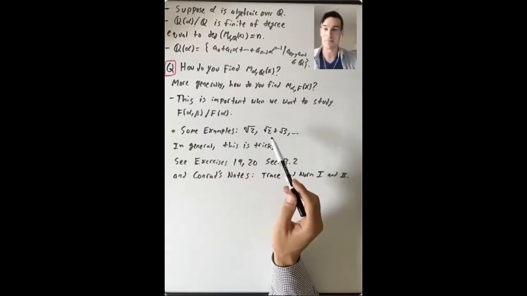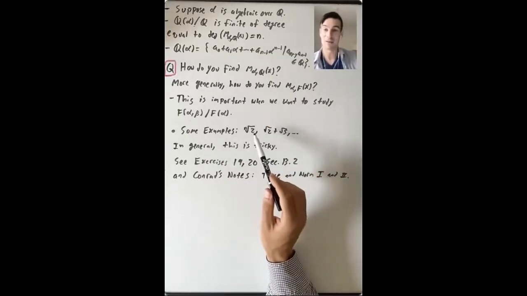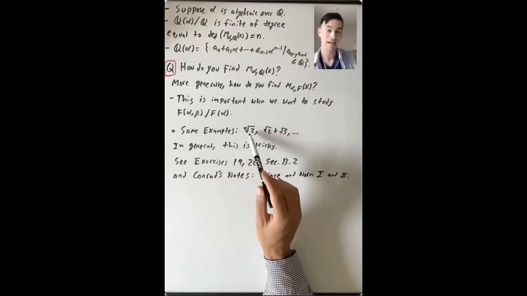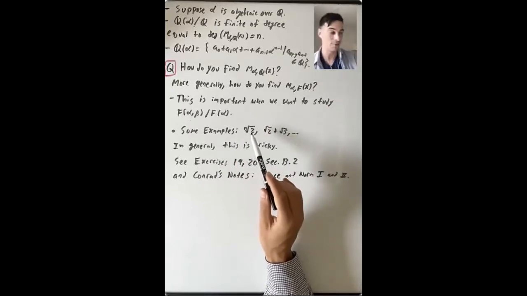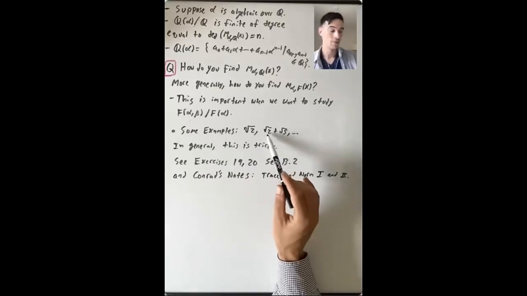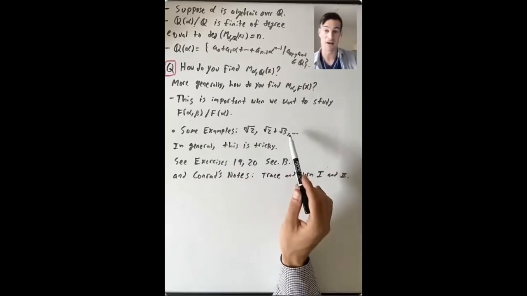So how do you do that? We saw some examples, like if you take the nth root of 2, it's easy to write down a polynomial that is monic and irreducible that this element satisfies. So once you find one polynomial, it's easy to check that it is the minimal polynomial. We saw a trickier example. We talked about square root of 2 plus square root of 5.